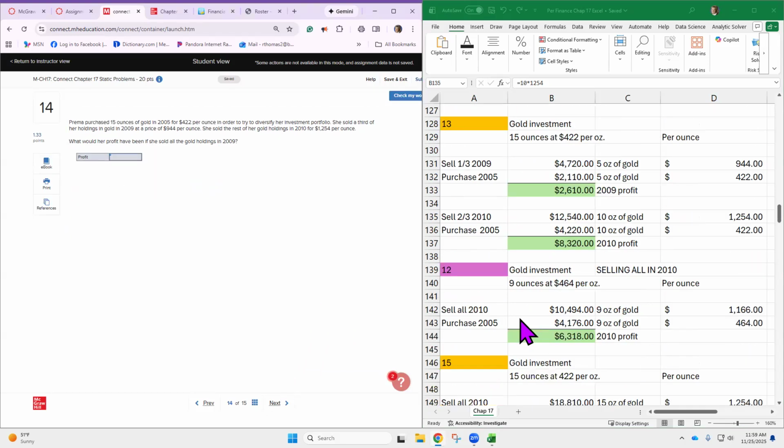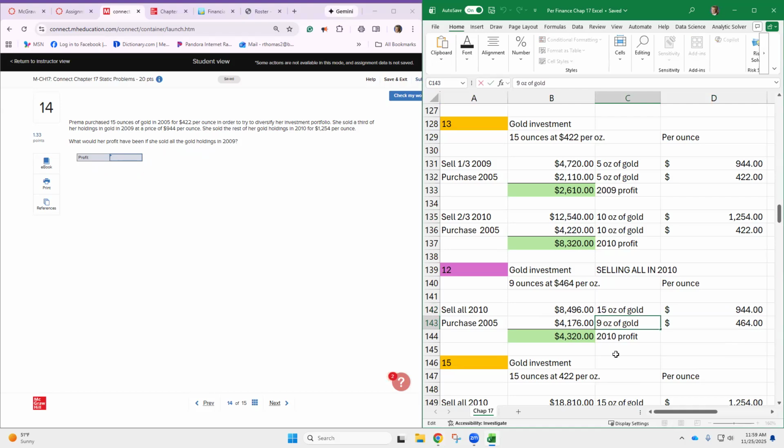Yeah. So now they want to know what it would have happened if she would have sold it all. It says, what would her profit have been if she sold all the gold holdings in 2009? So just using the 944 price. And this is going to be sell all. Okay, and all is 15 ounces.